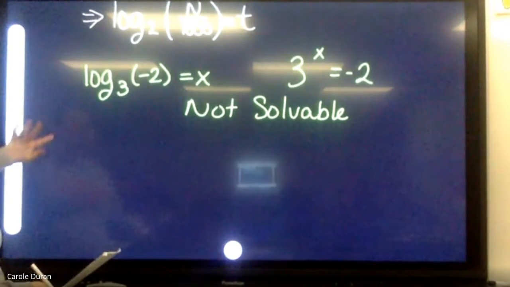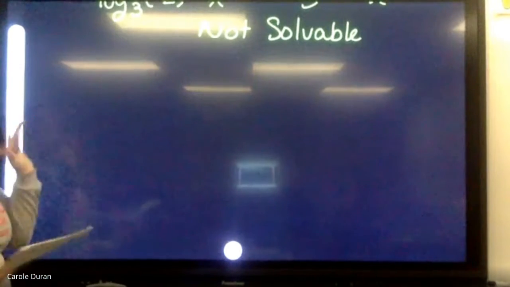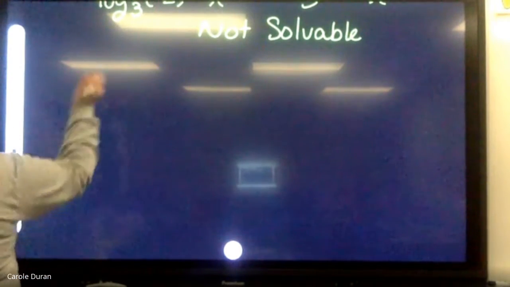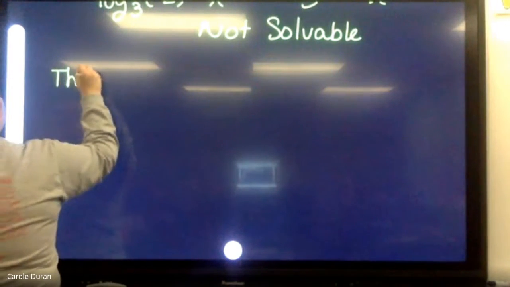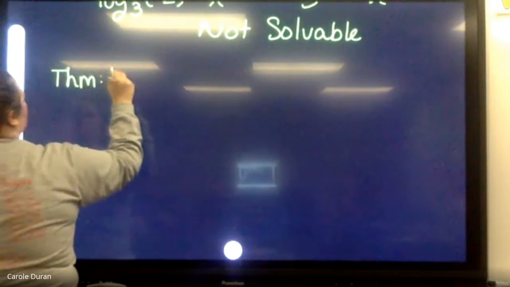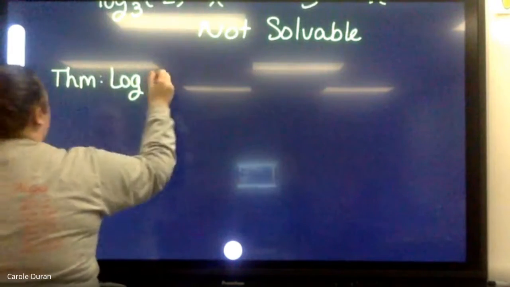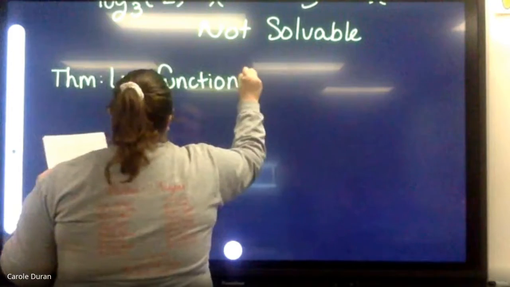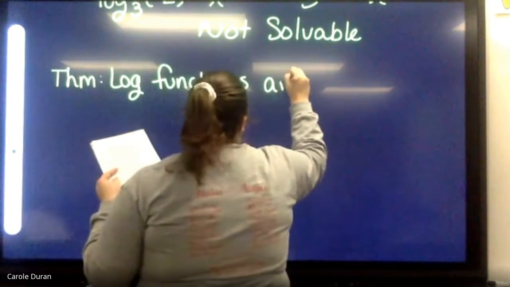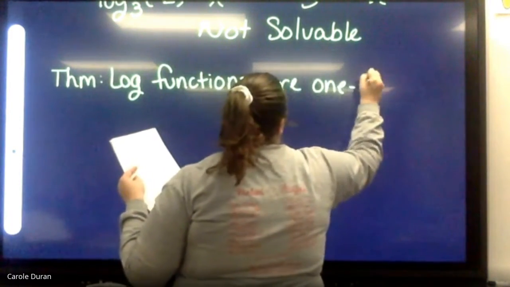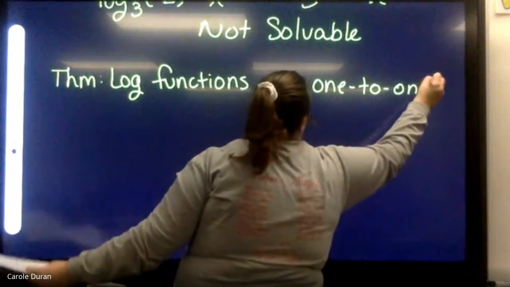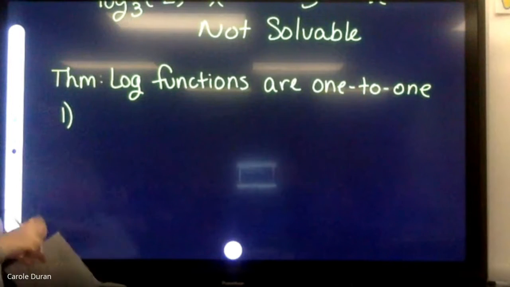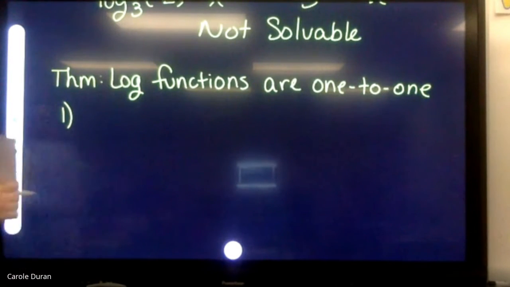Okay, so just like for exponential functions, there is a theorem about being one-to-one that we should write down that applies to logarithmic functions. I'm just going to put log because I get tired of writing logarithmic all the time. So this theorem is about log functions being one-to-one. It has pretty much the exact same rules as the exponential did.